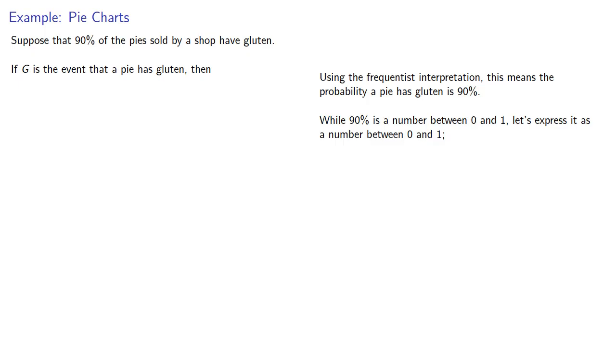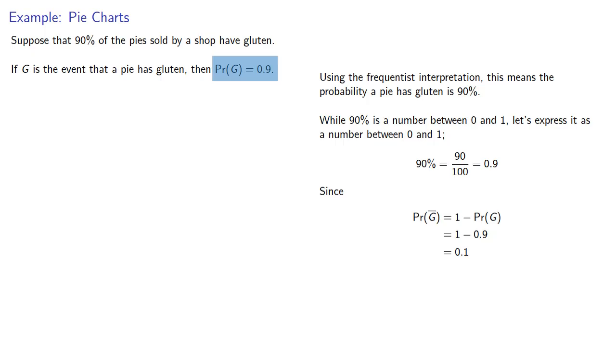So remember, a percentage is really a fraction with denominator 100, so 90% is really 90 100ths, or 0.9. Now, we know the probability of the complement is 1 minus the probability of the event, and so that gives us a relationship. We know the probability of G, and so that gives us the probability of G complement.